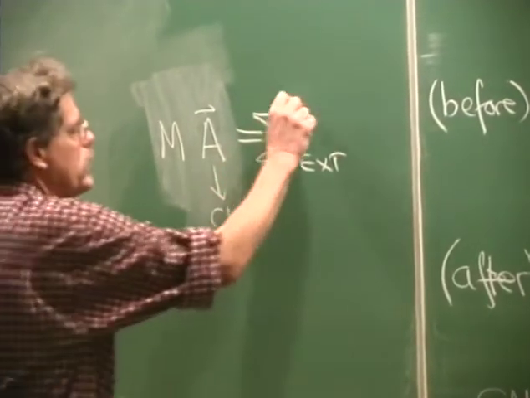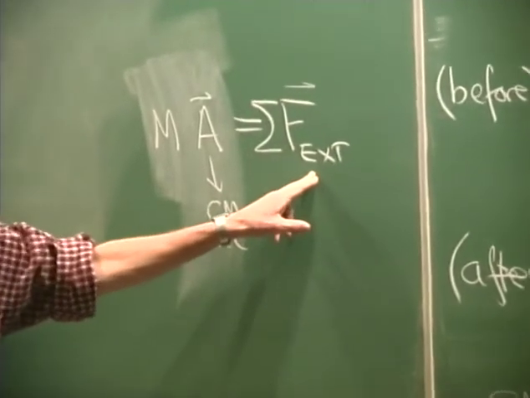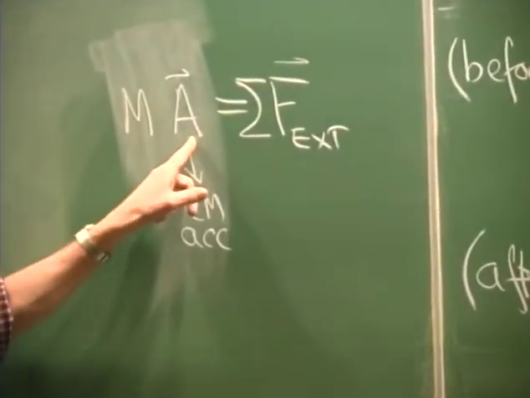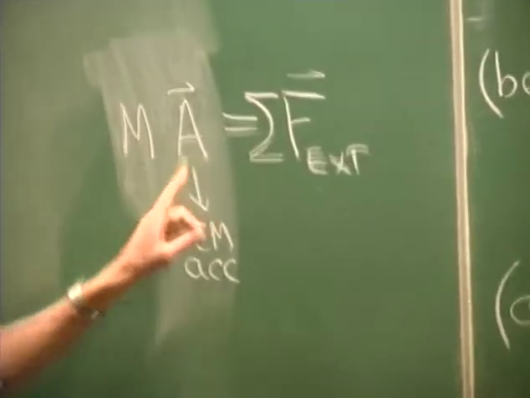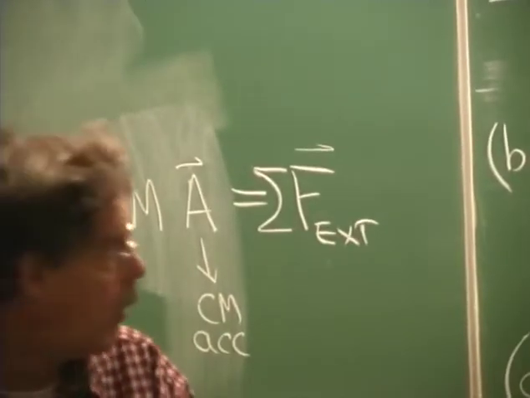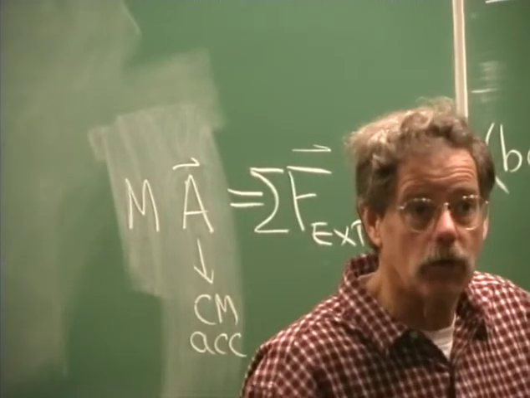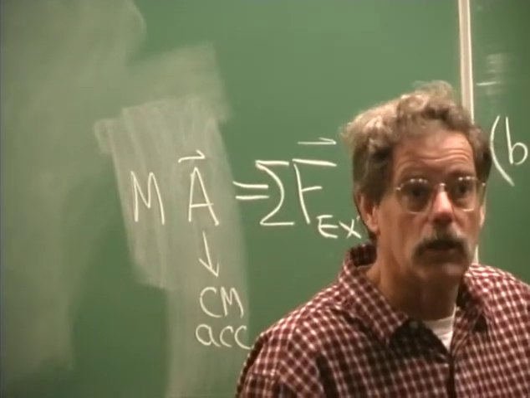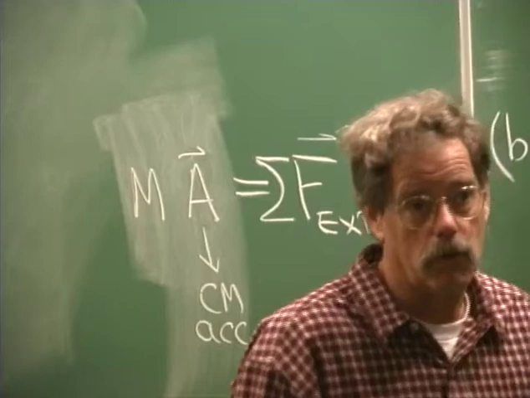And if there is no external force in the horizontal direction, then the acceleration of the center of mass must be zero. In other words, the center of mass is moving at constant velocity. But wait a second, center of mass wasn't moving at all originally, so it must still be not moving.